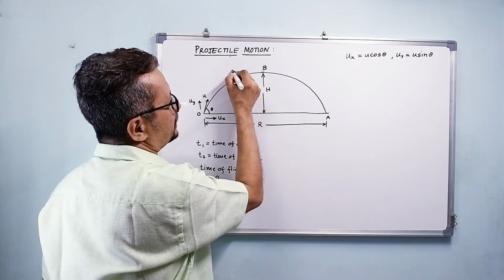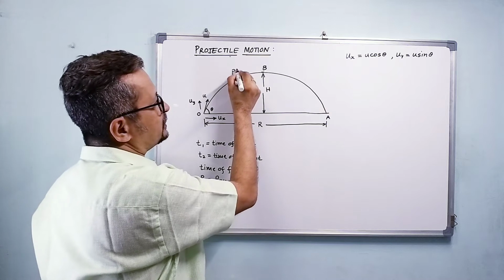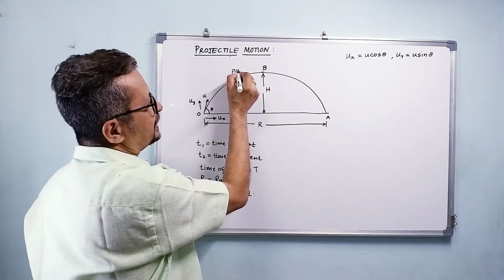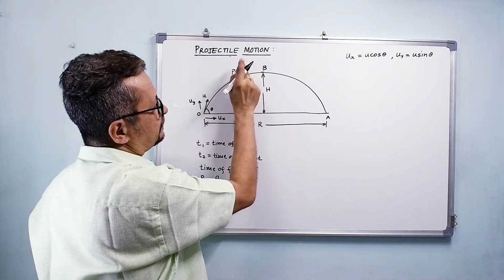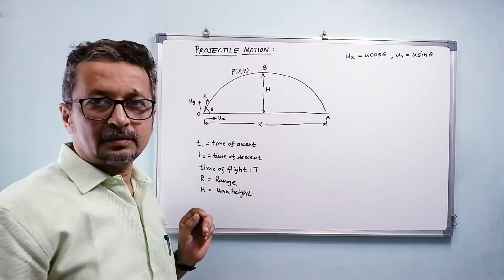Some point P here, and the coordinates of this point with respect to my origin are x comma y. Correct?